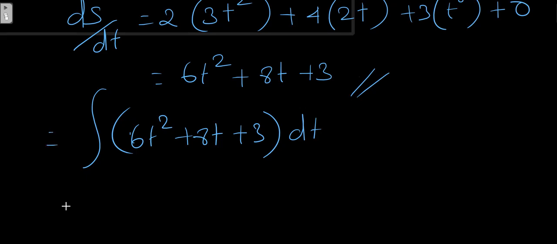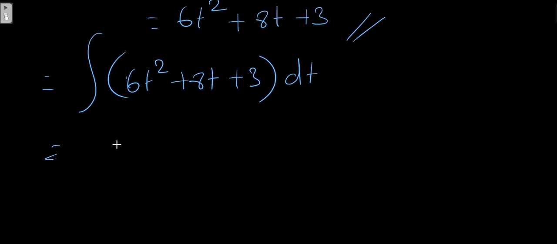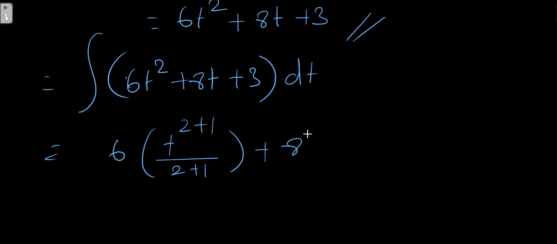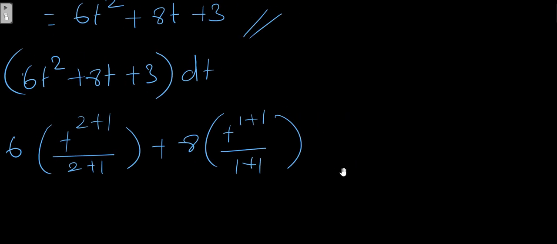So we have 6 t to the 2 plus 1 by 2 plus 1, then 8 t to the 1 plus 1 by 1 plus 1, plus 3t plus c.